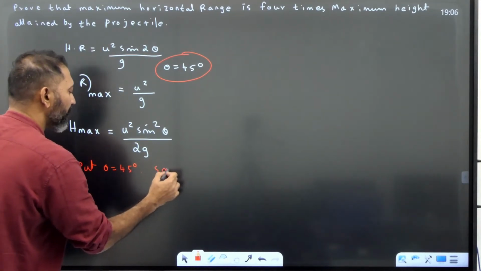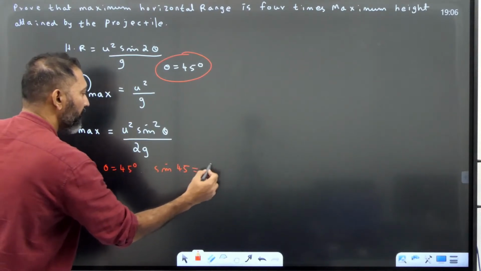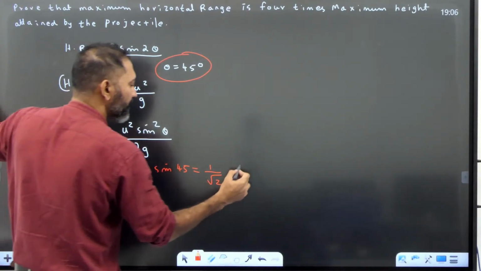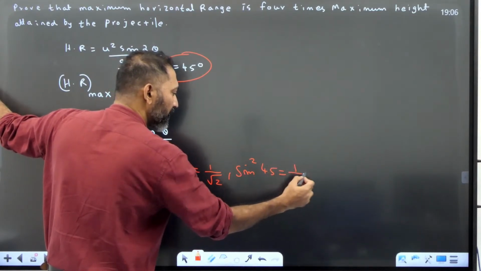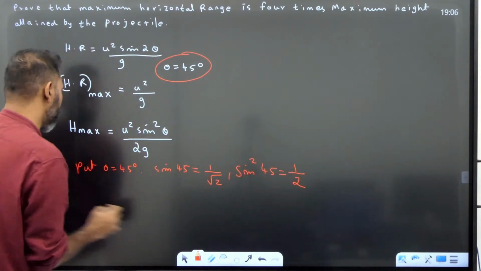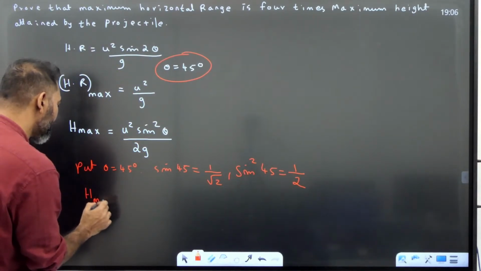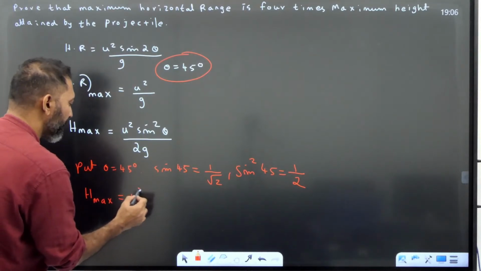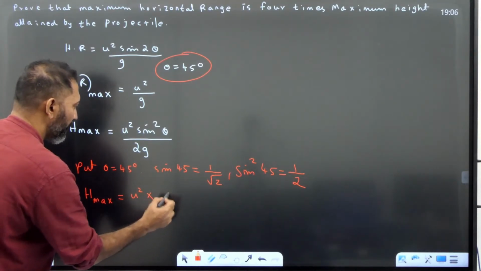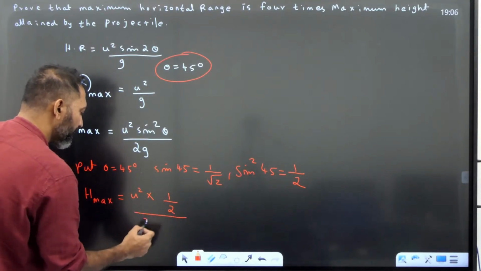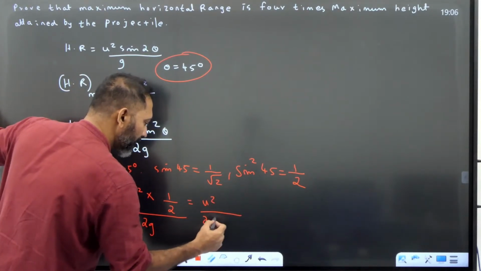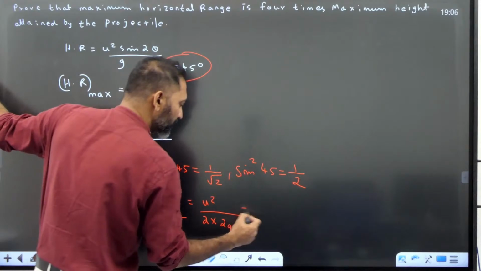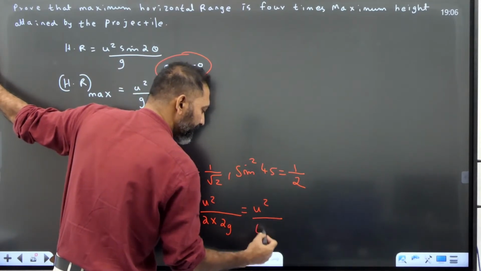Then sine 45 is equal to 1 by root 2. Sine square 45 is equal to 1 by root 2 the whole square, so it becomes 1 by 2. So maximum height is equal to U square into 1 by 2 divided by 2G. That is U square by 2 into 2G, that is equal to U square by 4G.